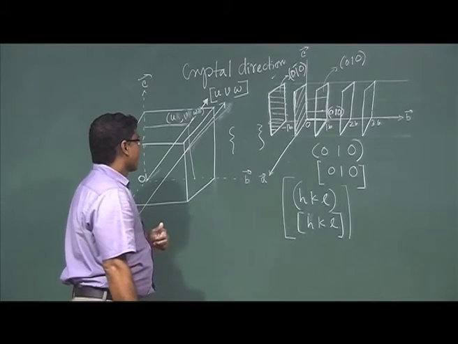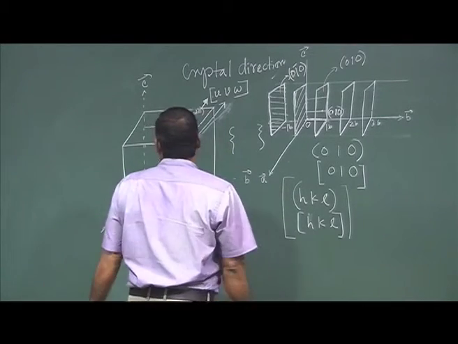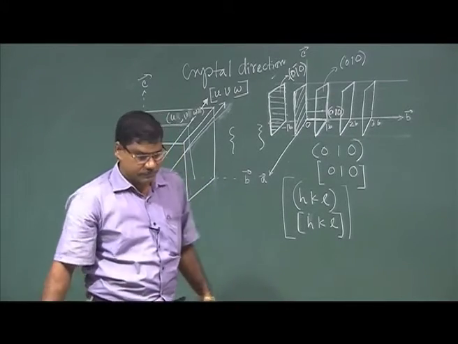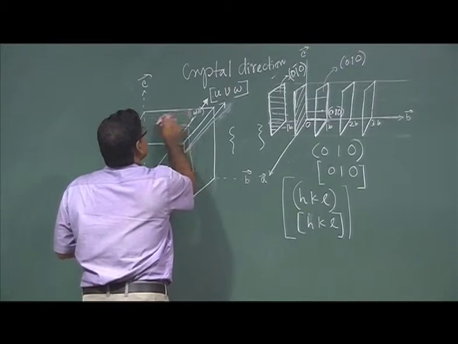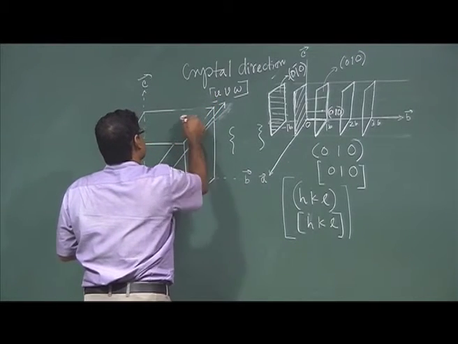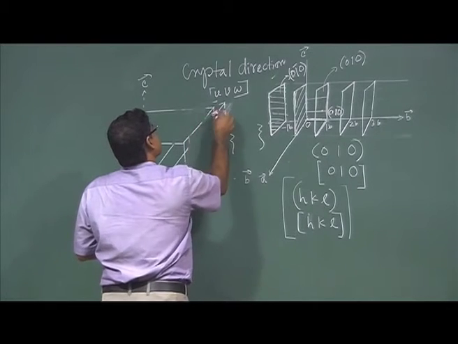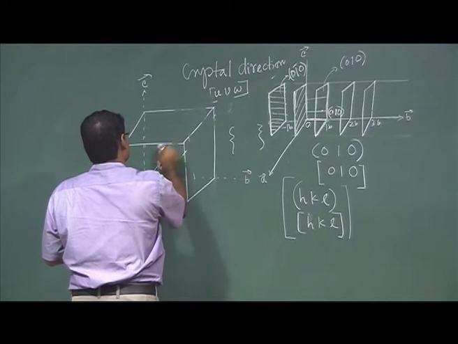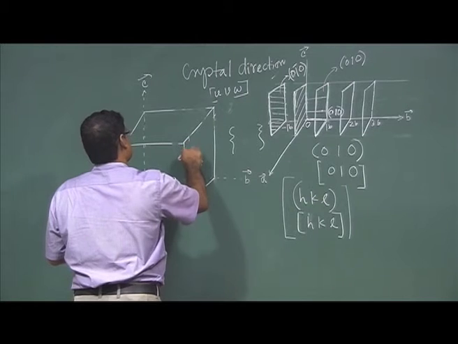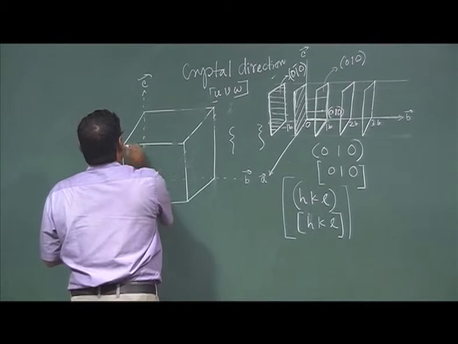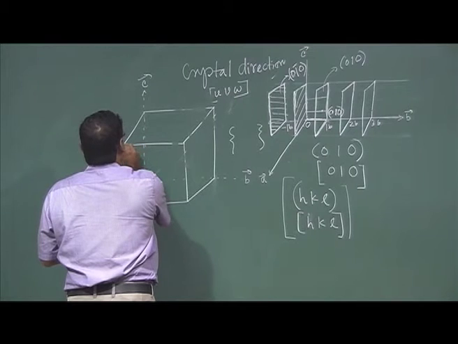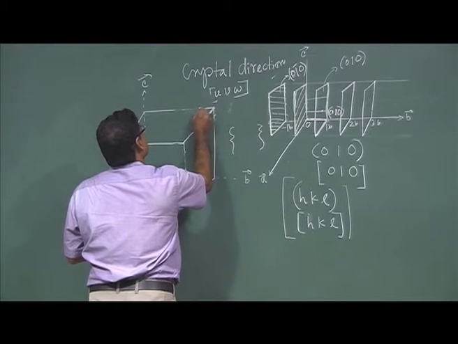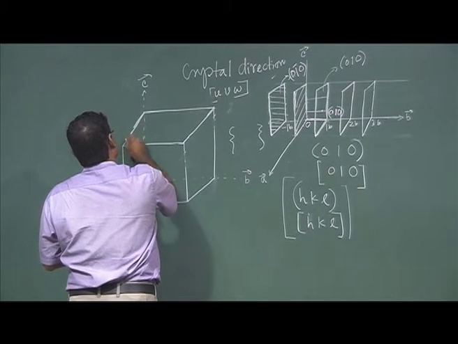So, say if you take a diagonal, so you have a cubic unit cell, say cubic unit cell, right.